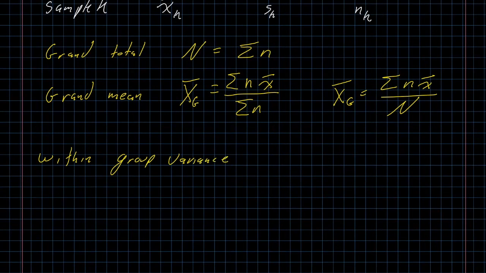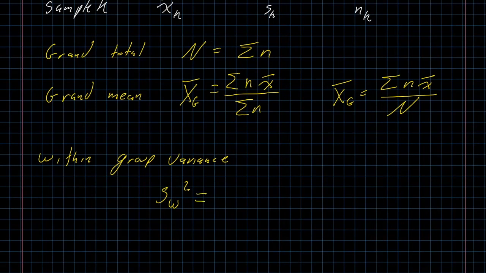Next, I want to take the within group variance, which is also going to be a weighted average. All right, so the within group variance is S sub W squared. And remember, the variance is the square of the standard deviation.